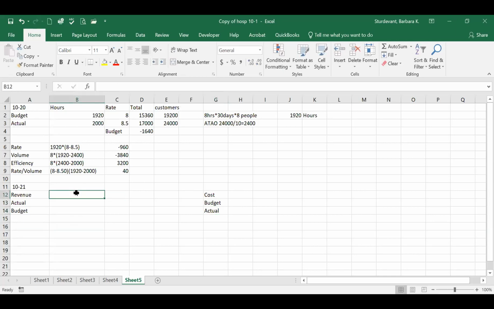All right, so let's just go down, putting information that we have. So we have total budget for our revenue is 100,000.